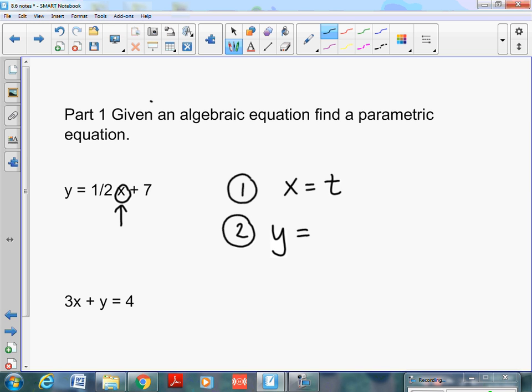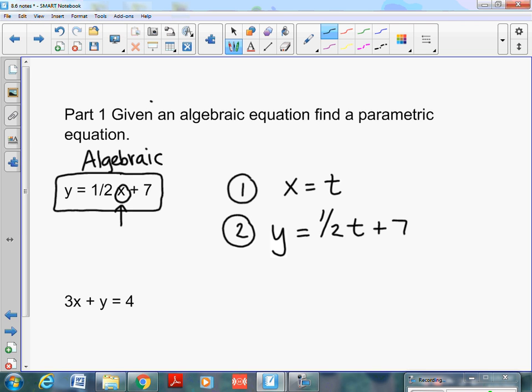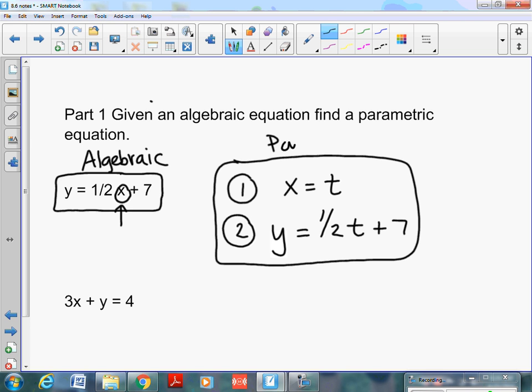So y equals 1/2 t plus 7. You are done. I just went from an algebraic equation, and if I graph this, I'm hoping you know that it makes a line. Y-intercept at 7, slope is 1/2. This is an algebraic equation, and what I did was I changed it into a parametric equation. A parametric equation needs two equations in terms of t.